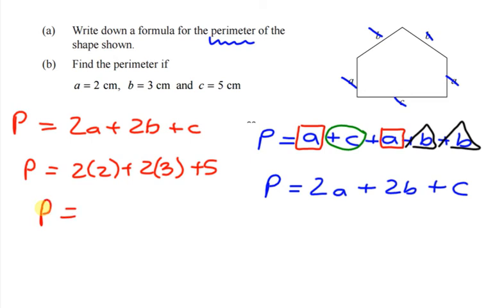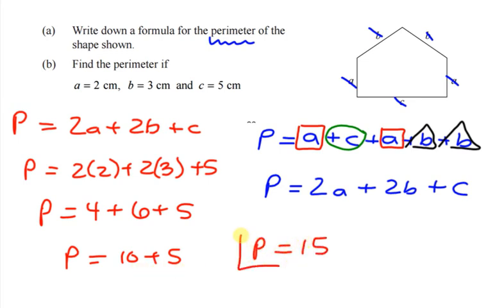So P equals 2 times 2 is 4, plus 2 times 3 is 6, plus 5. P equals 4 plus 6 is 10, plus 5. P equals 5 plus 10 is 15. So you did two things in this problem. You came up with the formula and you came up with the answer using the values to substitute.